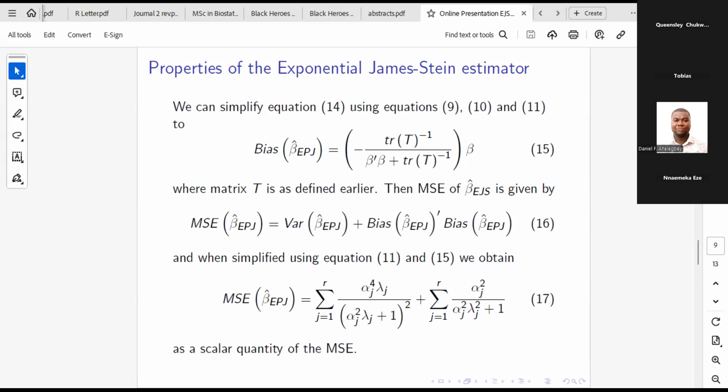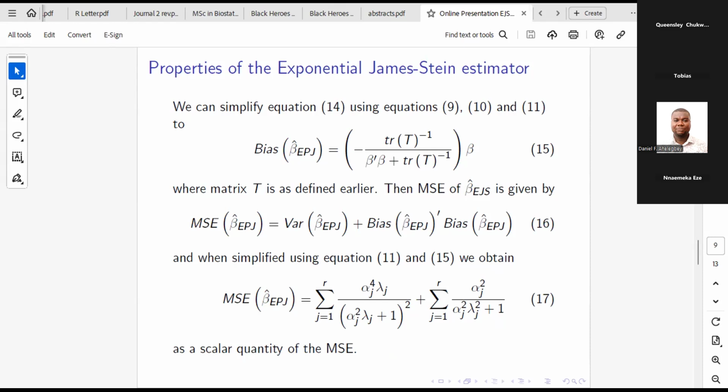This matrix, we know, would be p by 1, and the other one, if we get the transpose, becomes 1 by p, therefore ending with a 1 by p matrix. And then we add the trace. And this coefficient would be shaping up what we are estimating. So that is what we get when we simplify equation 14.